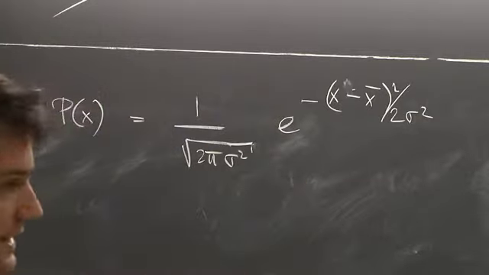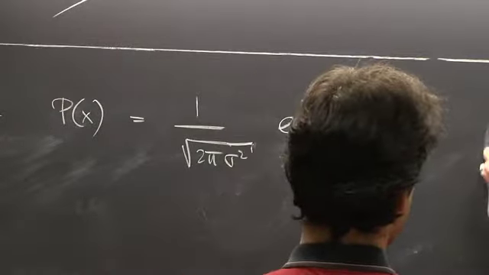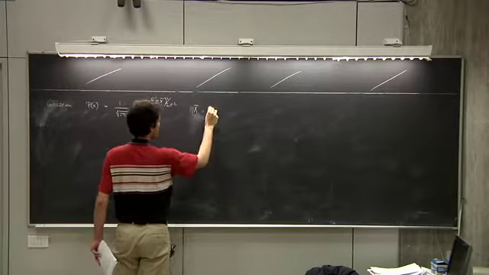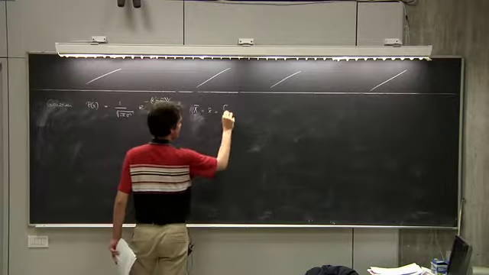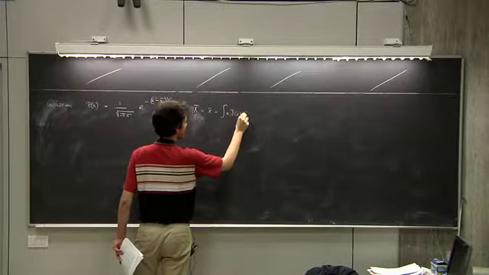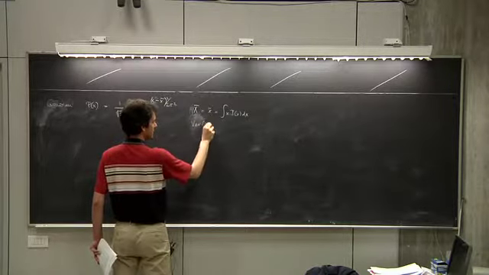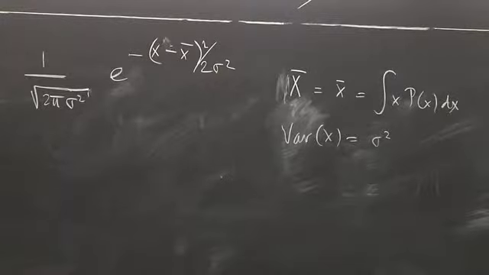So you can remember that very easily. So here, the expectation value of this variable is what we already denoted like that. So this is the integral of x p of x dx. And the variance is sigma squared, right?